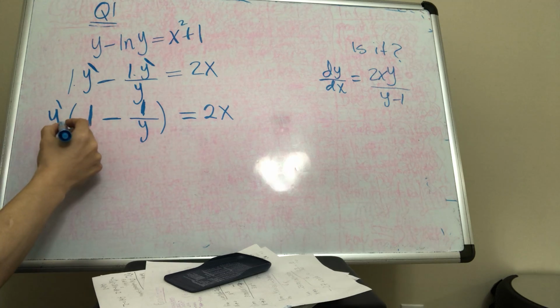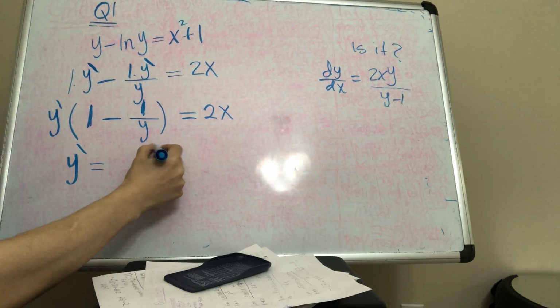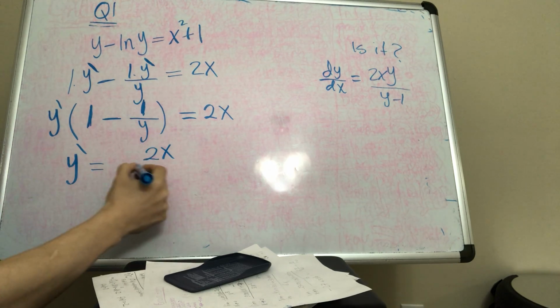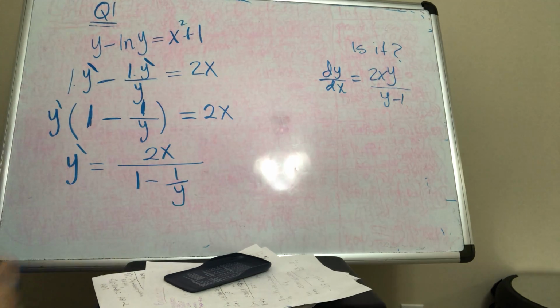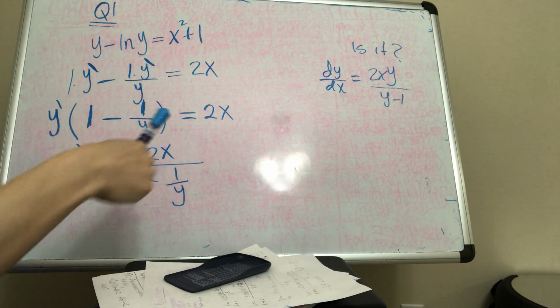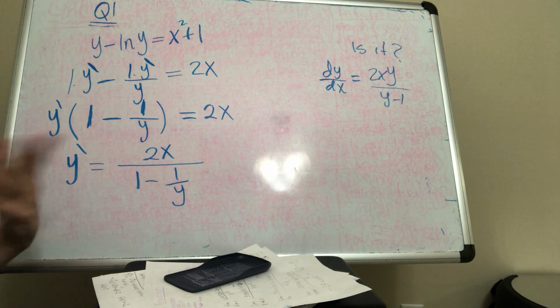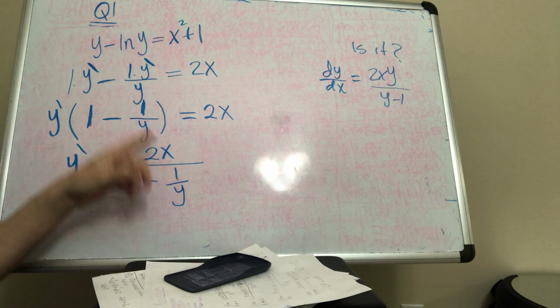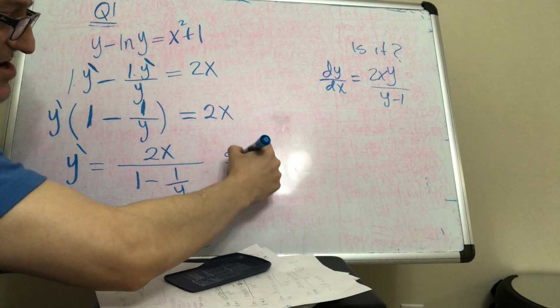Well, to isolate the y prime by itself, you take the 2x over this. Now, are these two equal? Not yet, because in math, we don't like seeing what's called a double fraction, a fraction inside of another fraction. So we need to simplify this.